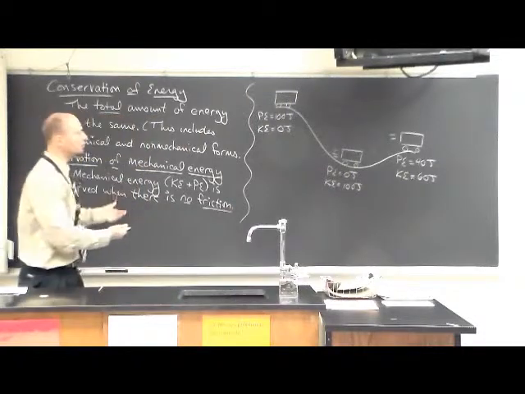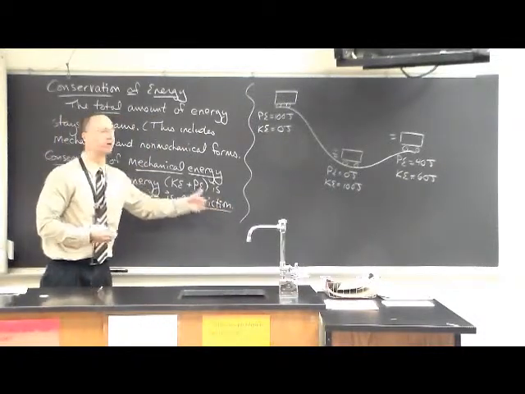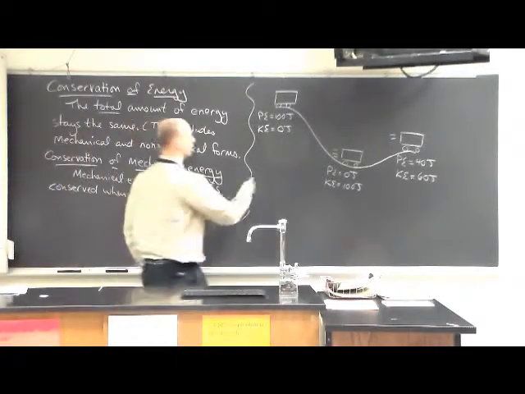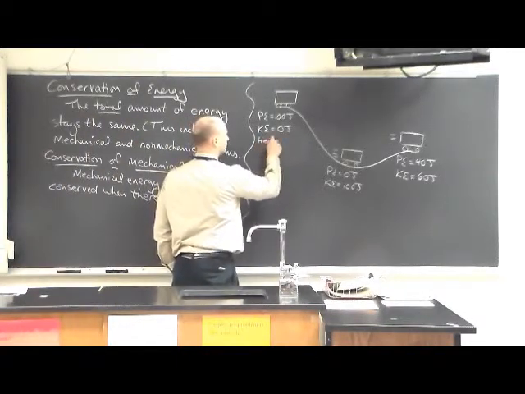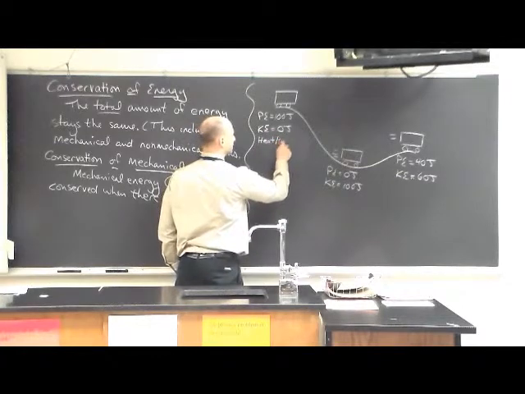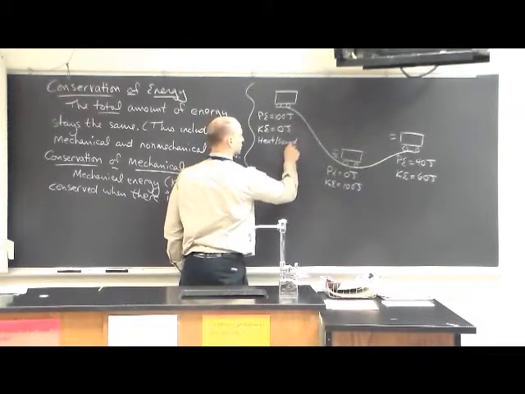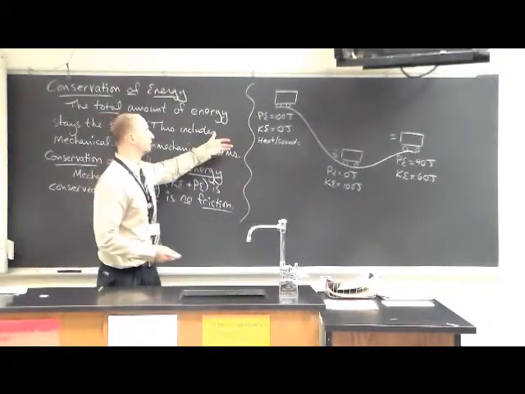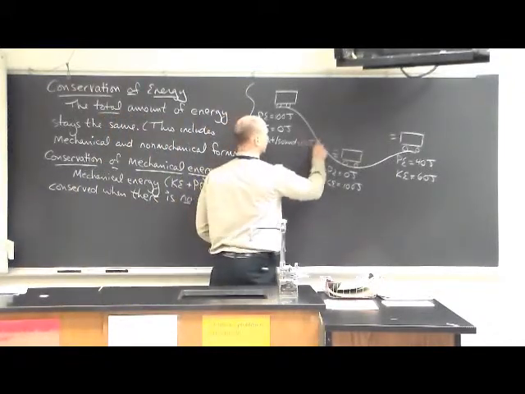Now this is under ideal situations when there is no friction. But what happens in real life? Well, in real life there is friction. And so we have to consider energy that goes into heat and sound. And so at first, the car has not moved. There's no heat or sound.